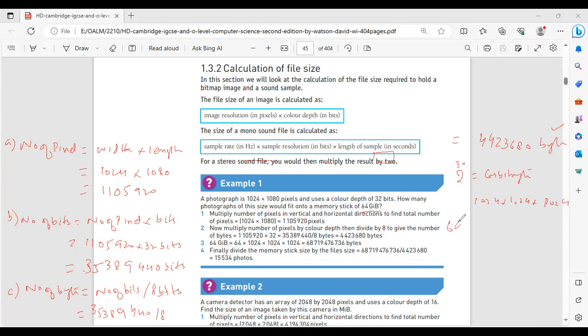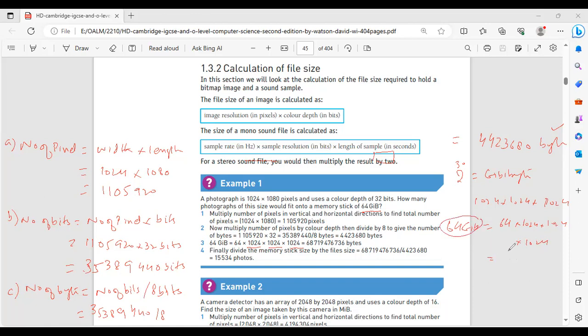Using this criteria, for 64 GB you have to multiply 64 with 1024, 1024, 1024. So you will get the number of bytes. 1024 multiplied by 1024 multiplied by 1024 gives you the equivalent bytes of 64 GB.